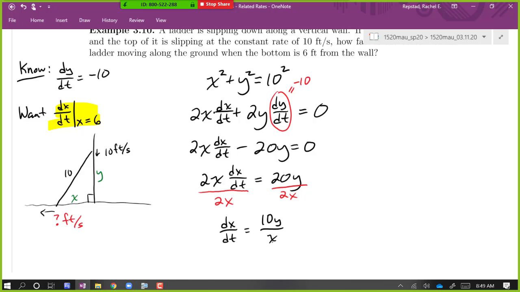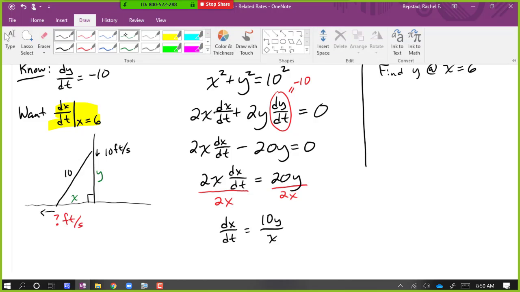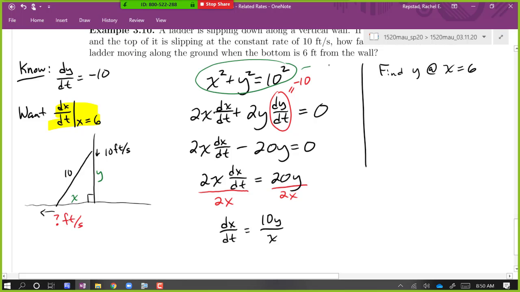But now look at where we are here. We want dx/dt when x is equal to 6. So we know what to plug in for x, but our expression also has y. So what we need to do before we can finish solving this is find y when x is equal to 6, so we have something to plug in for both of those coordinates. To do that, I'm just going to use the original equation.